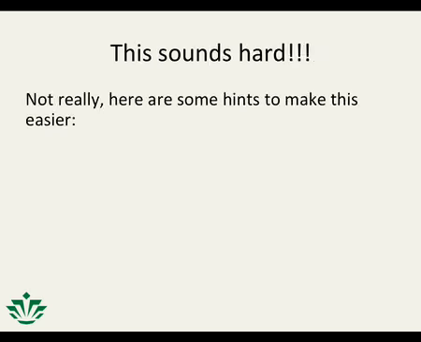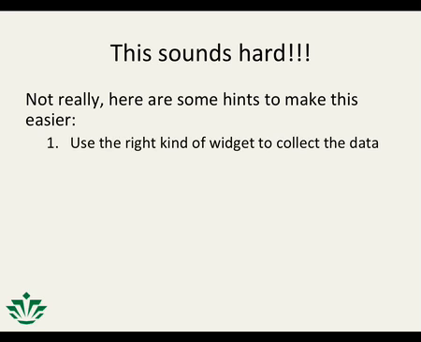So this all kind of sounds really hard, and none of it is particularly hard. There's a lot of things that you can do to make this easier. So probably the most important thing is to use the right kind of widget on your forms to collect the data.